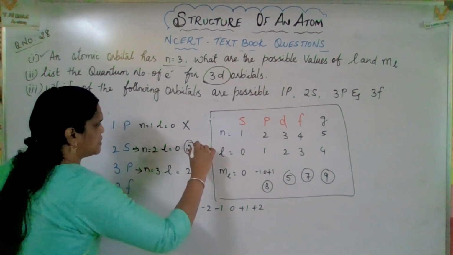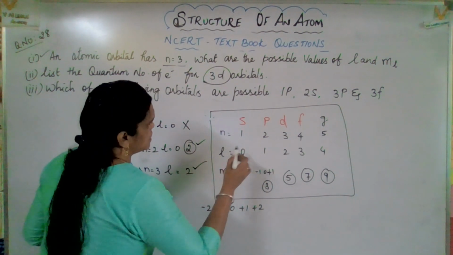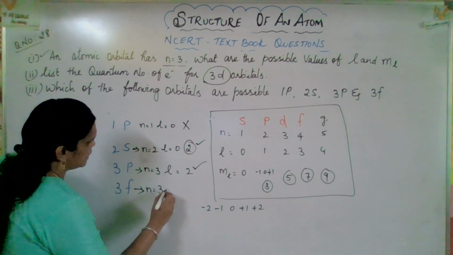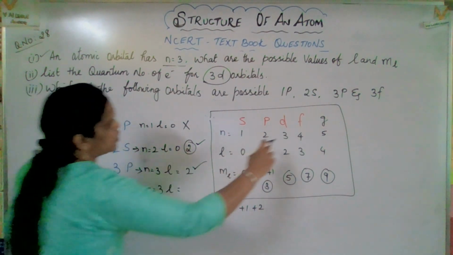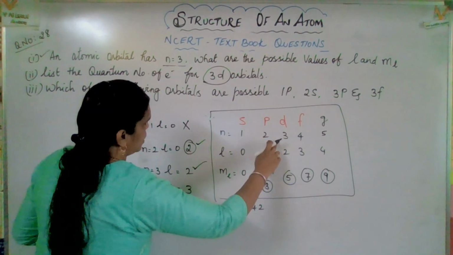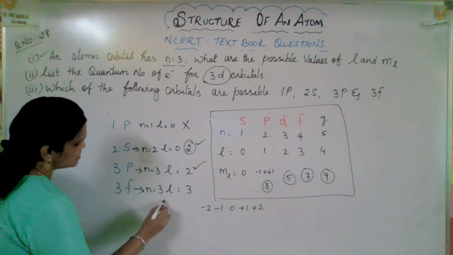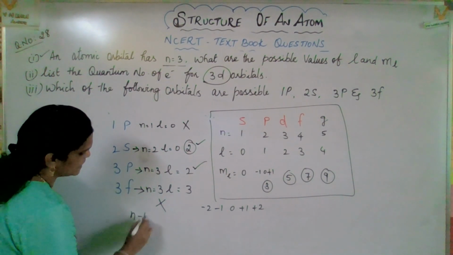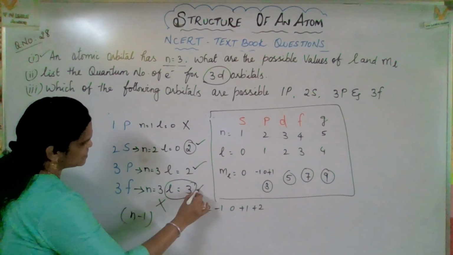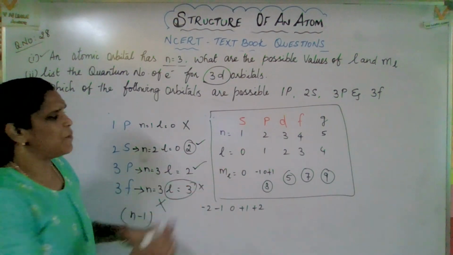Yes, it is possible. 3f means what? n equal to 3 and L equal to 3. Is it possible? No, it is not possible because L is n minus 1 only. So this is not possible. I hope you got a clear idea about this point.